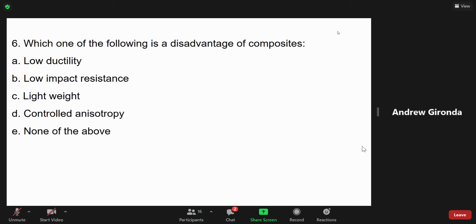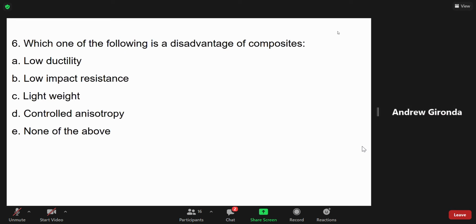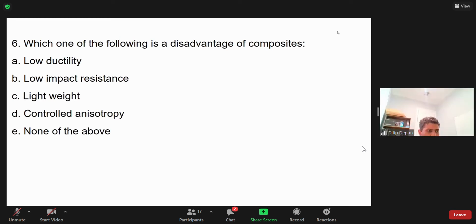I'm gonna go with D, controlled anisotropy. Controlled anisotropy, and that is a disadvantage. Mm-hmm. Okay. First of all, what is anisotropy? What is controlled anisotropy, and why do you think it's a disadvantage of composites?